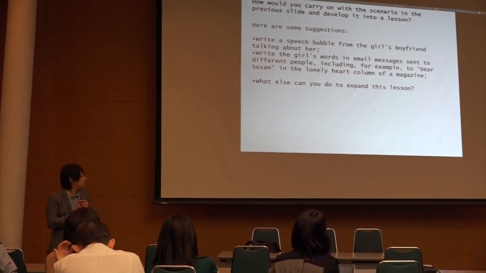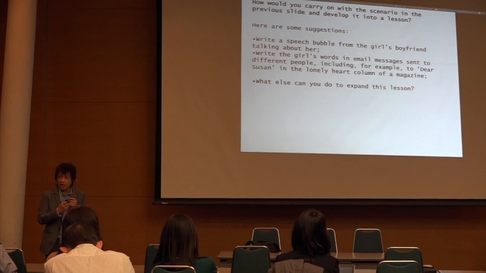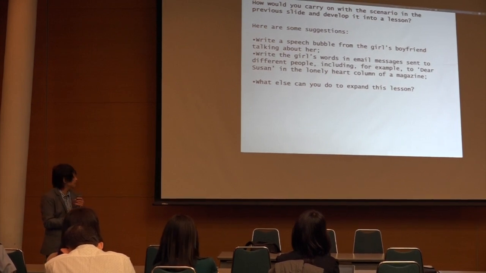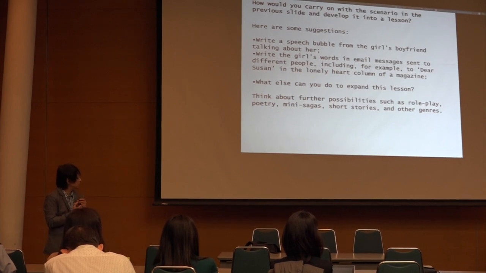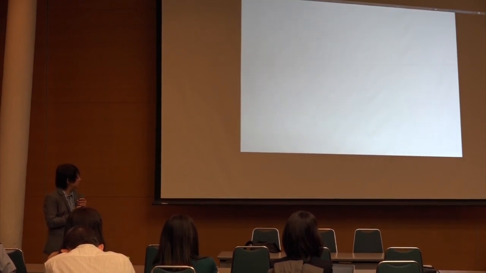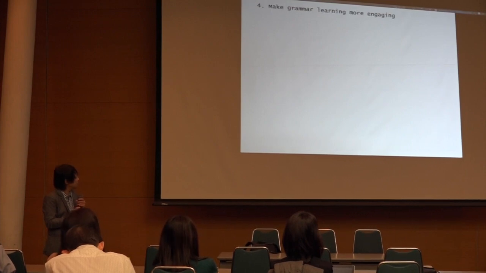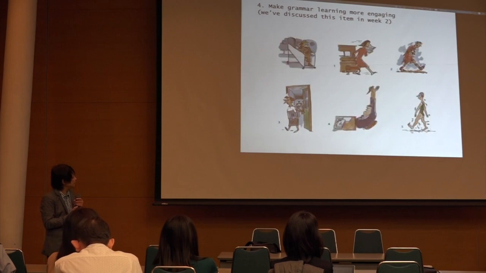So they write a letter to the Lonely Hearts column in the magazine for advice. You can write a short story, poetry, a very short story, and other things. So I hope you can try and let me know how it works with your students.